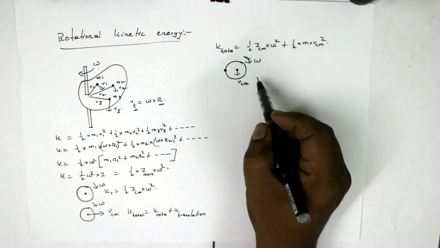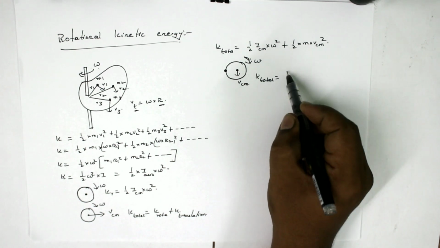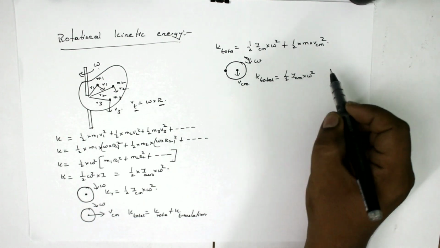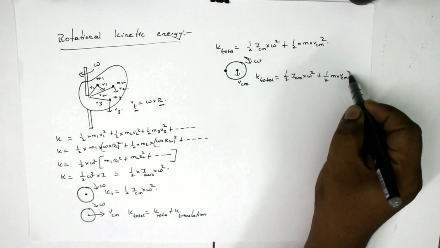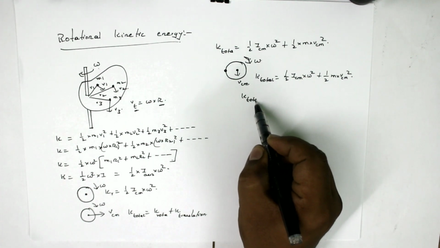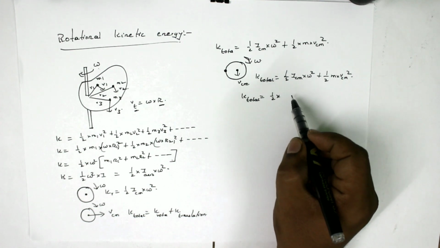So let us see. Here I can write K total is equal to half I center of mass into omega square plus half into m into V center of mass square.